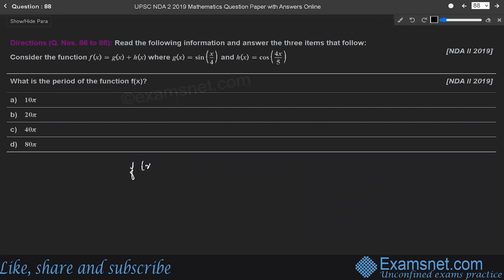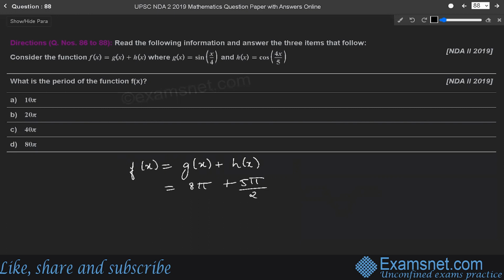We know that f of x is equal to g of x plus h of x. So we already found the period of g of x, it is 8 pi, and we already found the period of h of x, it is 5 pi by 2.